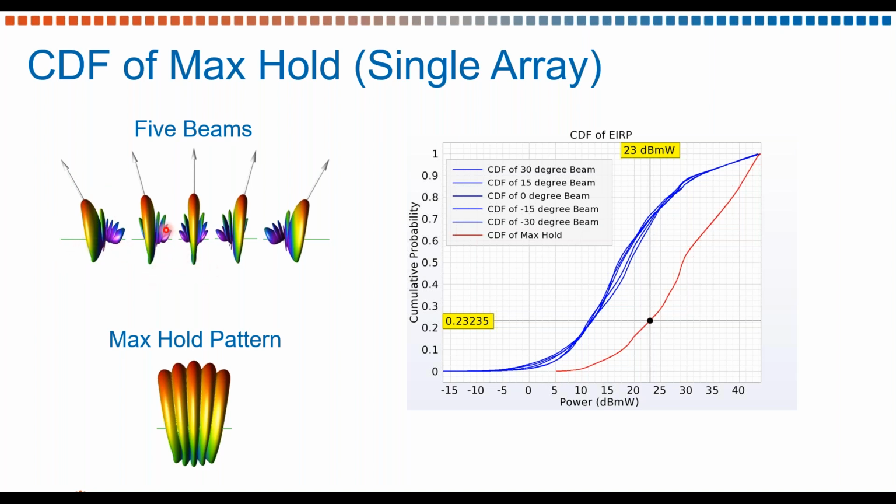So in this case, plotting a cumulative distribution function of these 5 beams would look like these blue graphs to the right. The blue lines on these are the CDFs of each of these individual elements. And as you can see, they're roughly the same because each of these are covering the same amount of space for a device.